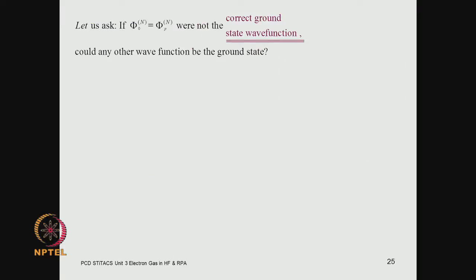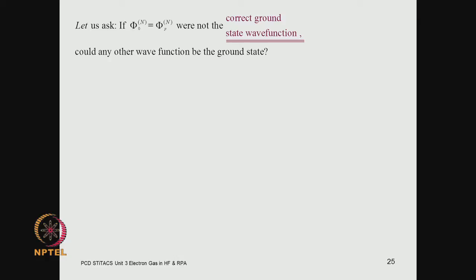So, let us ask this question, that if phi p were not the correct ground state, we have begun with the stipulation that it is in fact the correct ground state. In case it were not, which other wave function would be the correct ground state? It would be a mix of phi p plus maybe something else, right.